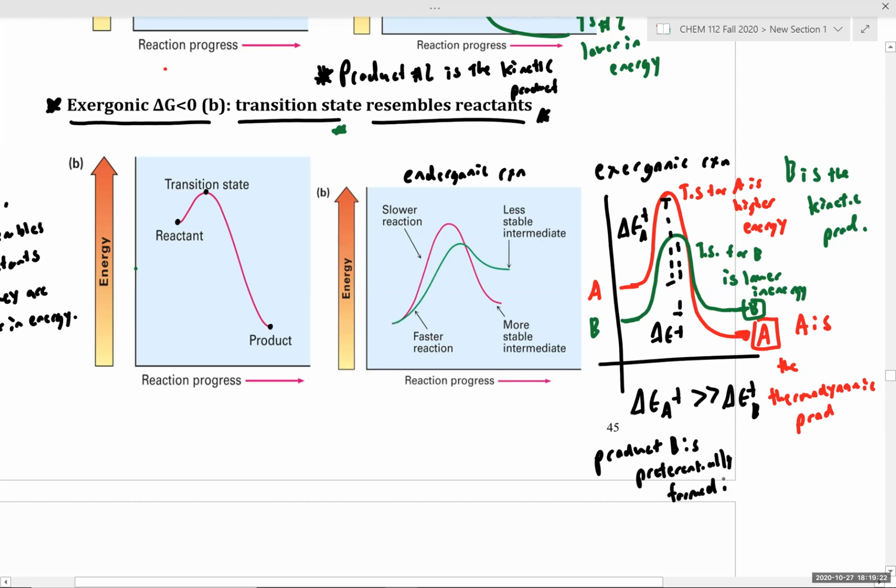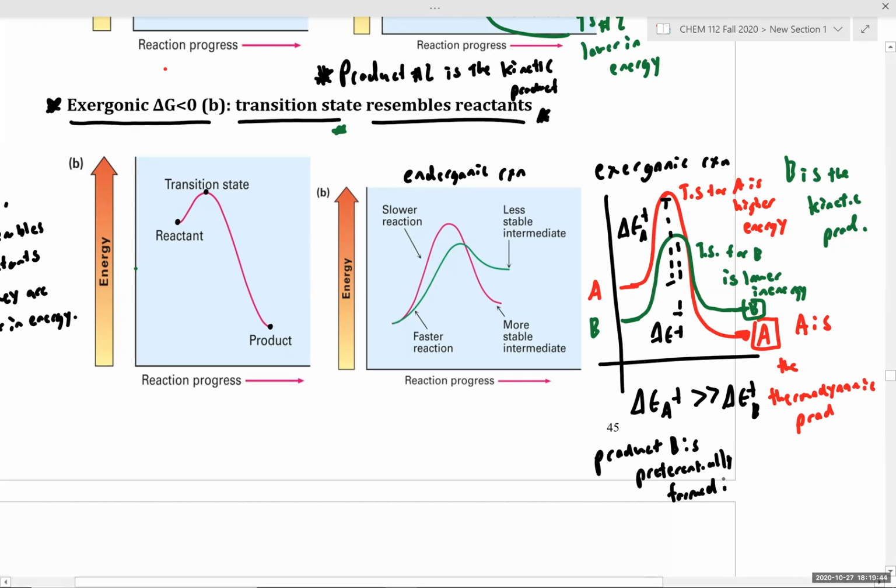And the reason why product B is preferentially formed is because the transition state is lower in energy. There's a lower activation energy because the transition state for B resembles the lower energy reactant B. So because of that, for this reaction, B is the kinetic product.